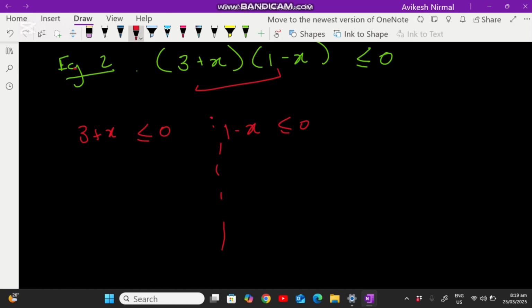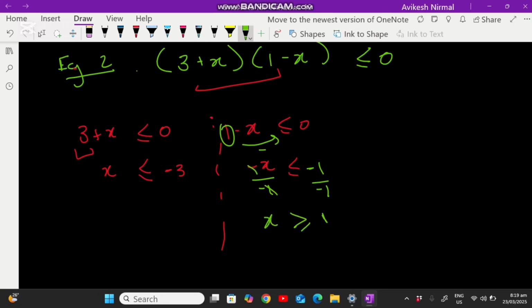So solving for x here, x is less than equal to -3, because that's a positive this side, and here, if I want to keep x this side, so minus x less than equal to, I'll take this positive 1 to the other side, that's going to be a minus, and I'll divide both sides by a -1. Now remember, when multiplying or dividing by a negative, the sign changes, so this becomes greater than equal to 1. So these are my two x values.